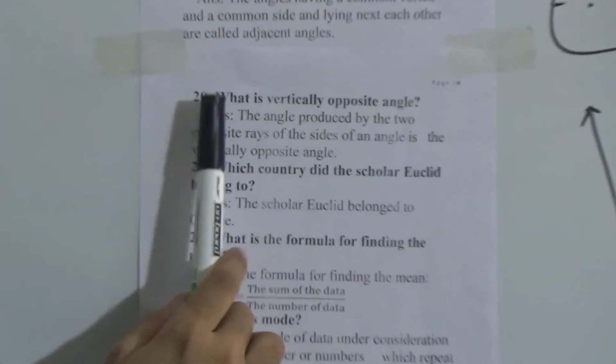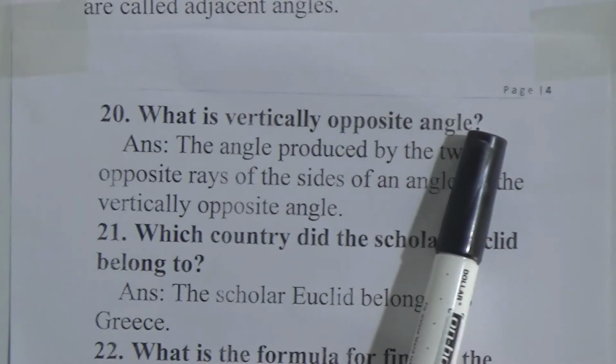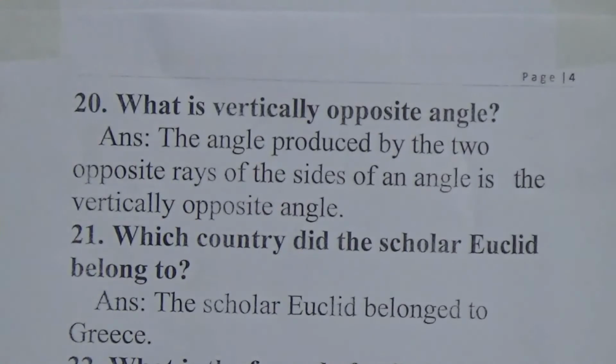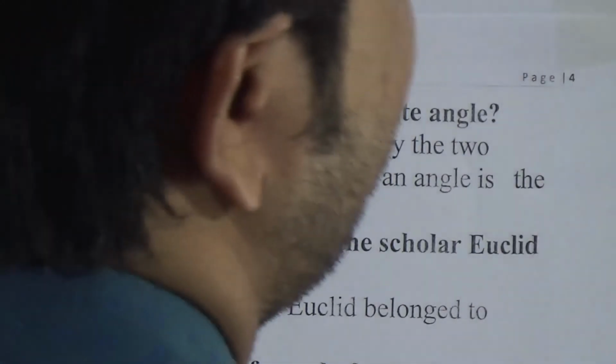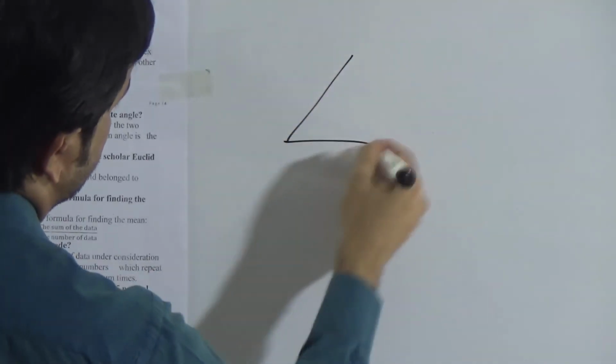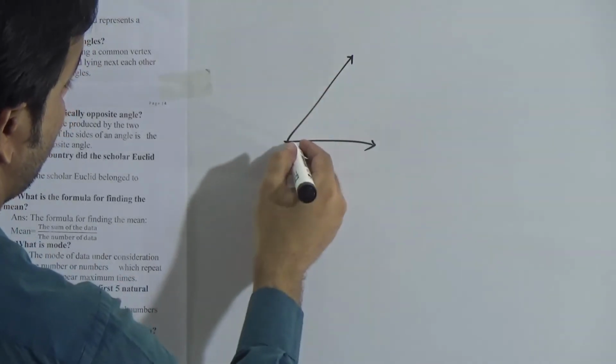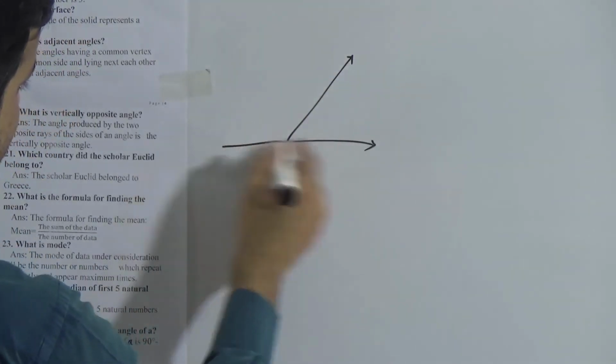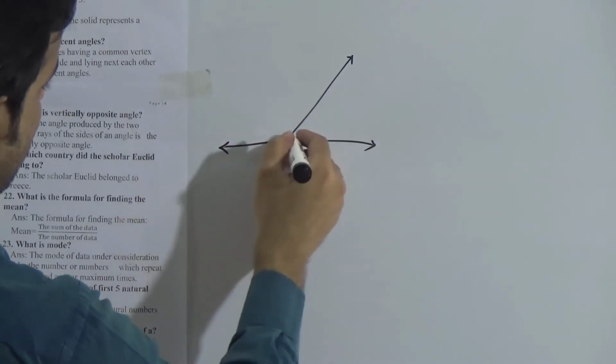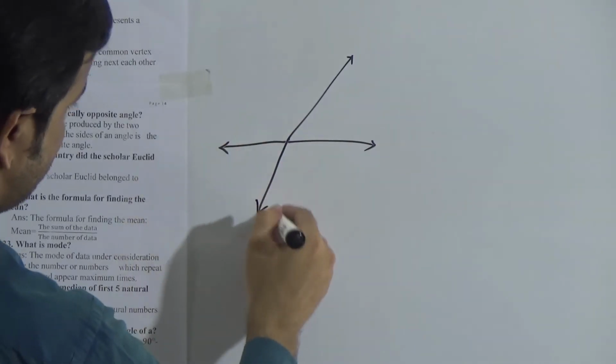Now question 20, what is vertically opposite angle? Dear students, now see, vertically opposite angle. Suppose this is an angle. Now we have to draw the opposite rays. So the opposite ray of this side is this one and the opposite ray of this side is this one.